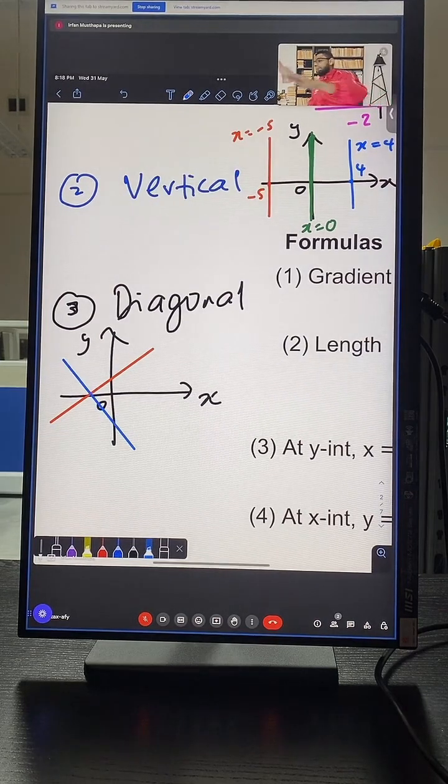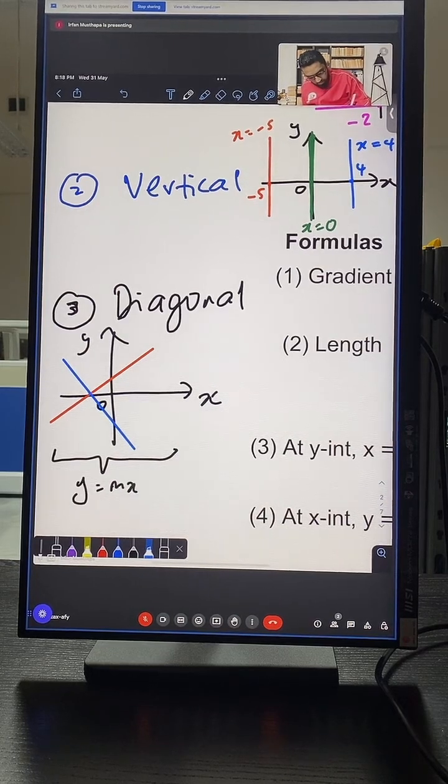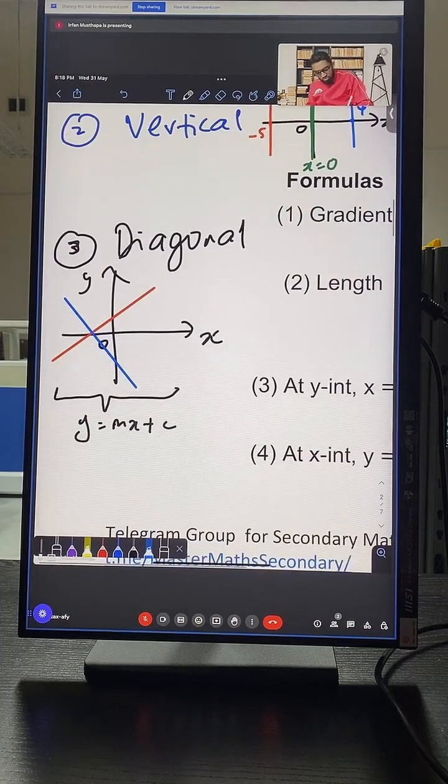All these are examples of diagonal lines. For diagonal lines, the equation will always be y equals mx plus c, whereby m is your gradient, and c is your y-intercept.